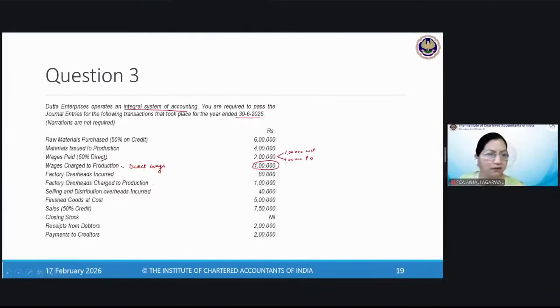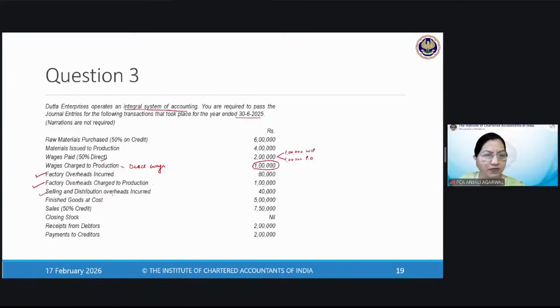So over absorption or recovery is WIP to production overheads 1 lakh. Factory overheads incurred. So the journal entry is production overhead to bank. Factory overheads charged to production. WIP debit to production overheads.